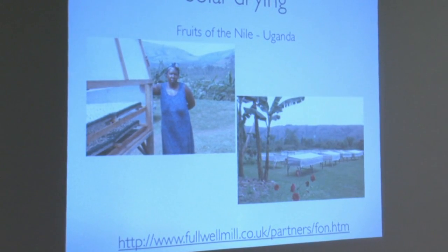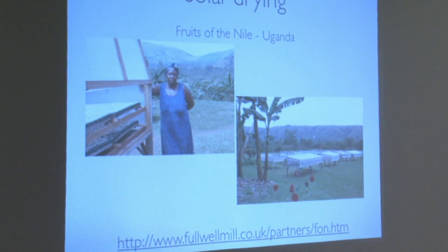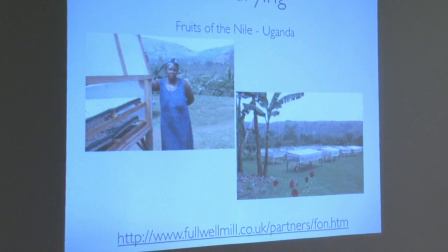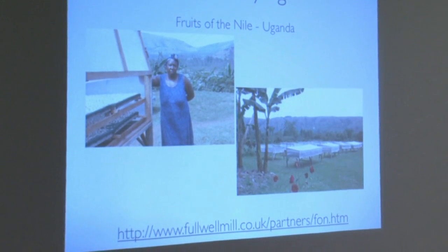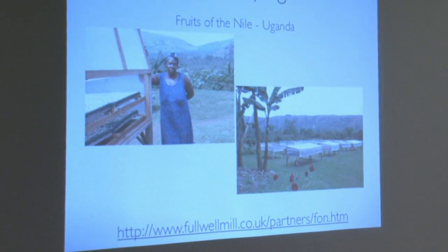And so they'll harvest, and then they'll take them to the market. Because there's an overabundance of these fruits, they're not getting as much money as they can for their fruits, because there's way more supply than there's demand for it.